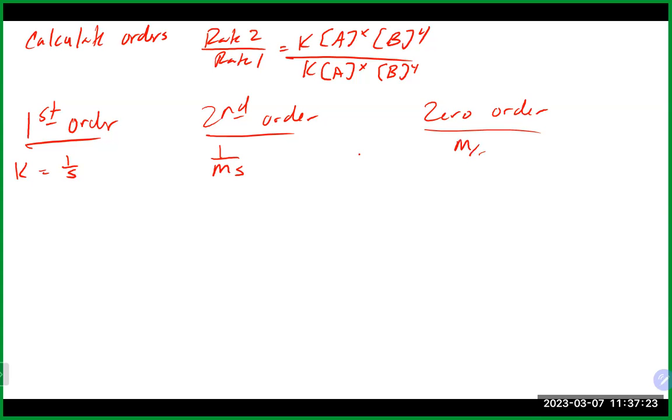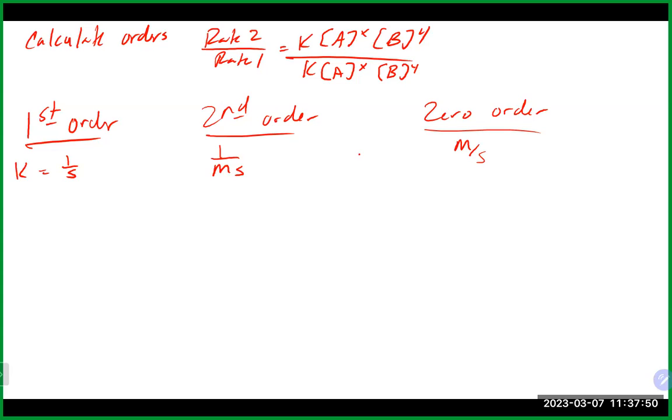The importance of that is that a problem will not always tell you straight out what order you're dealing with, whether first order, second order, or zero order. But they will give you the value of the rate constant and the units associated with it. And they expect you to know, based on those units, what order of reaction you're dealing with.